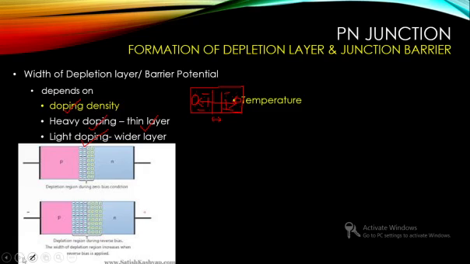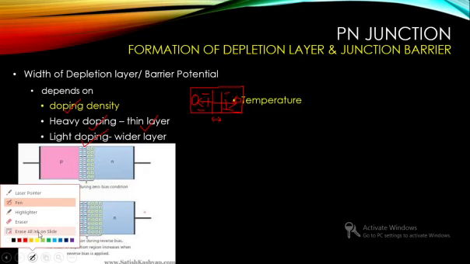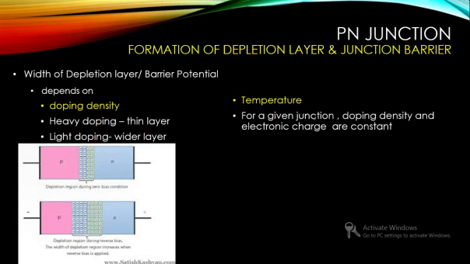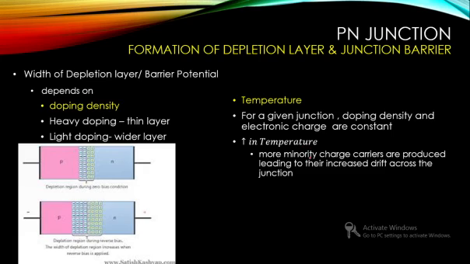The other factor on which the barrier potential or the depletion layer depends is the temperature. Why does it depend on temperature? For a given junction, the doping density and the electronic charge are constant. The only variable is temperature. As we increase the temperature, more minority carriers are formed.